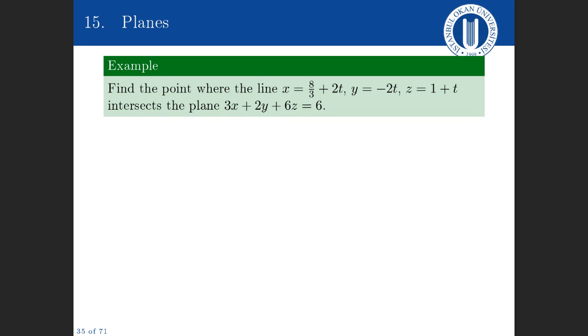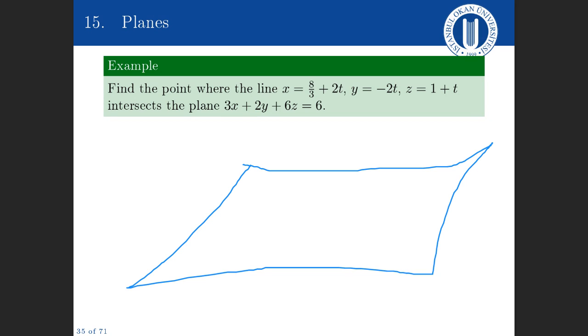Next, I want to imagine we have a line and a plane. Suppose the plane looks like this. And let's suppose we have a line which somehow somewhere intersects the plane.